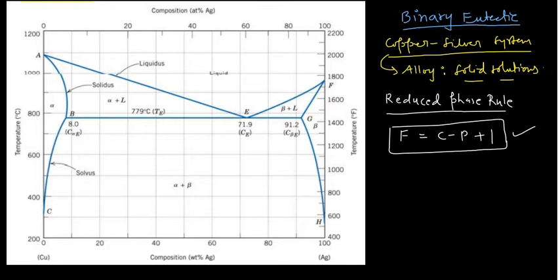In the eutectic system, we generally keep the pressure constant. So when pressure is constant, this diagram is basically a TC phase diagram, that means a temperature composition phase diagram.